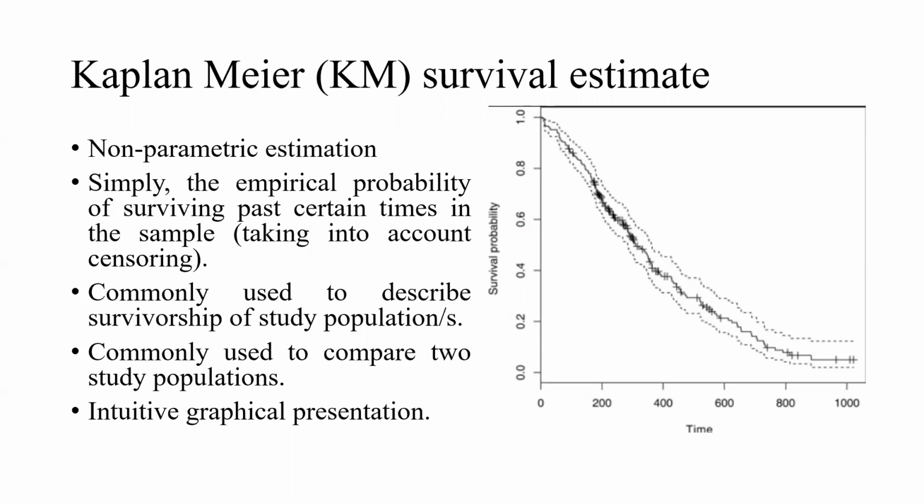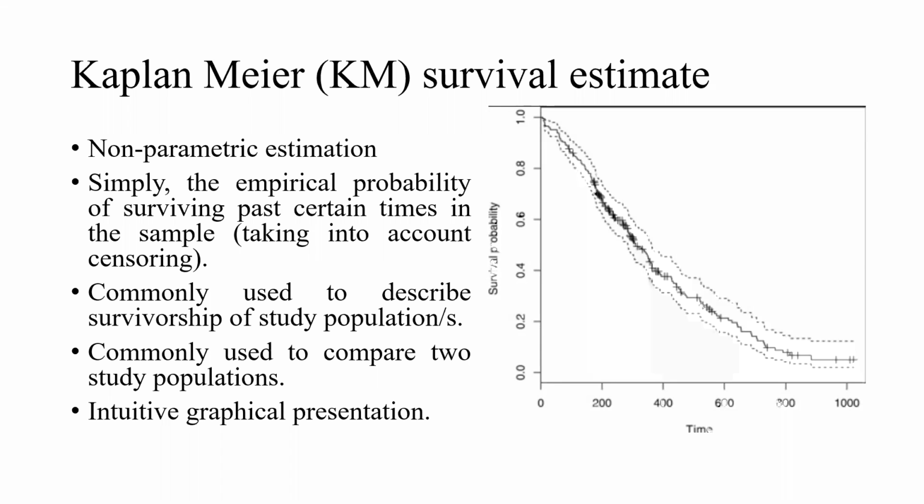The Kaplan-Meier survival estimate is a non-parametric estimation of the survival function. A survival function gives the probability that a certain individual will survive past a specific time point.